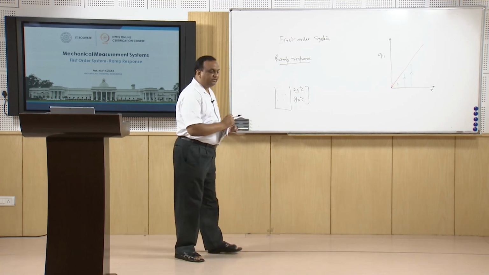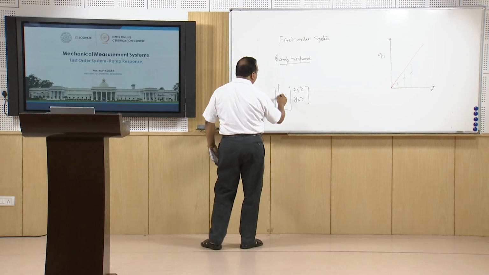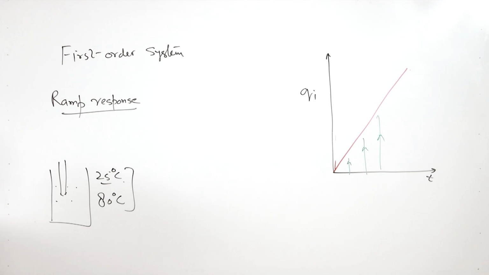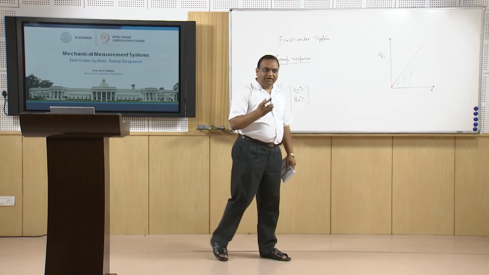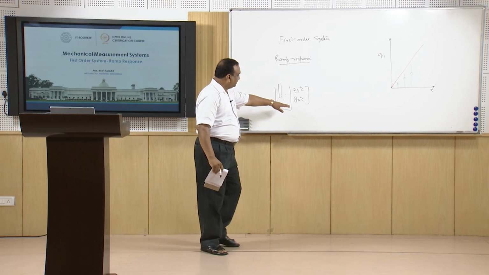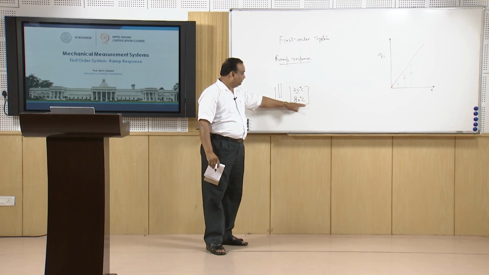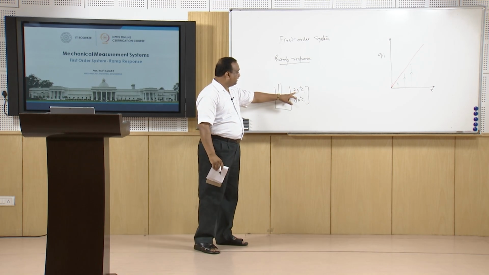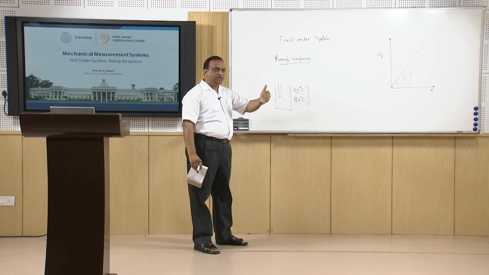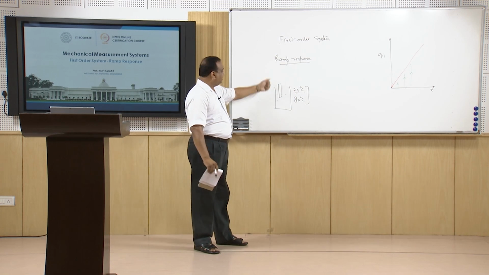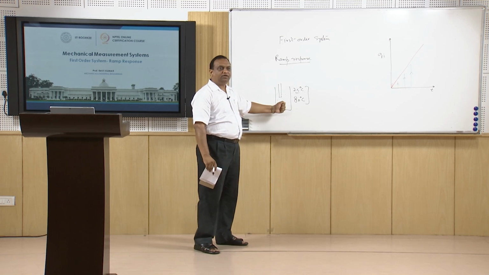So during this sensible heating, if I put in a thermometer, the input of the thermometer is changing with time. In step input, the water was already at 80 degrees centigrade, the atmospheric temperature is 25 degrees centigrade, and the thermometer is simply put into the water.